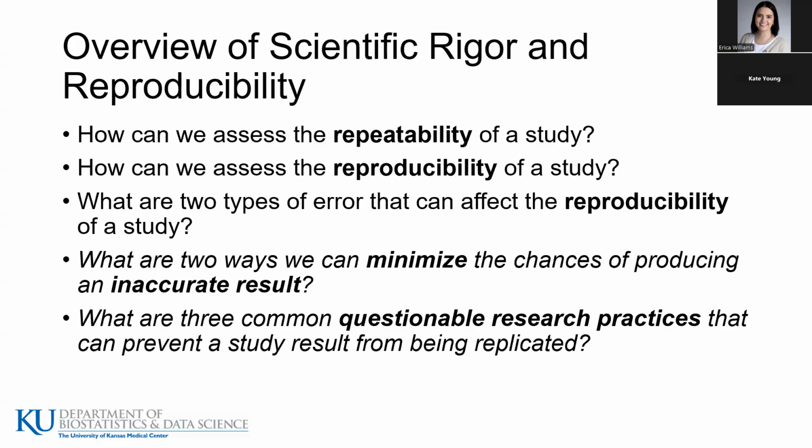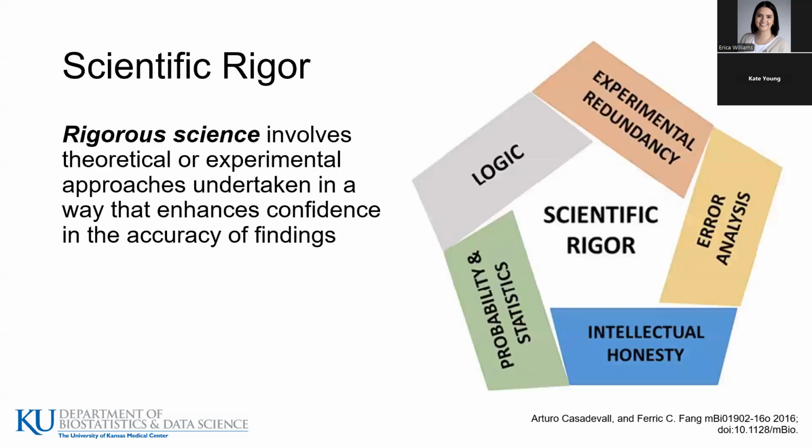We're going to look at the differences between repeatability and reproducibility, and how those are assessed. And then what types of errors can affect reproducibility of a study? What are the ways that we can minimize the chance of producing an inaccurate result in our studies? And what are the 3 common questionable research practices that can prevent a study from being replicated?